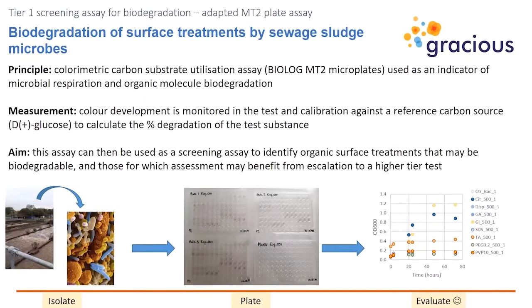By monitoring the colour development, this acts as an indicator of microbial respiration and organic molecule biodegradation. From this, we can calibrate against a reference carbon source and calculate the percentage of your chemical that was biodegraded within that well. The aim is to use this assay as a screening approach to identify organic surface treatments that may be biodegradable, and those from which assessment may benefit from escalation to a higher tier test.